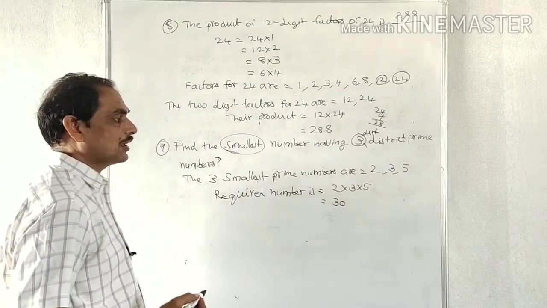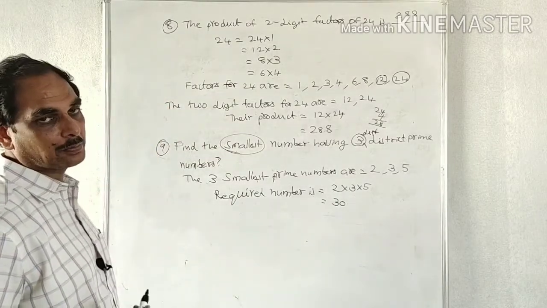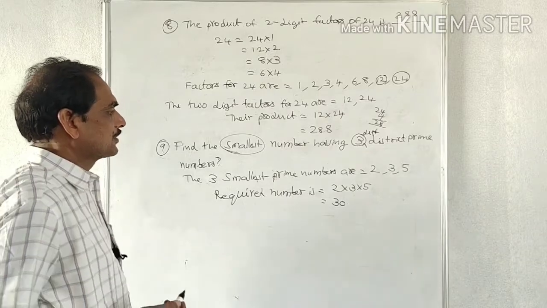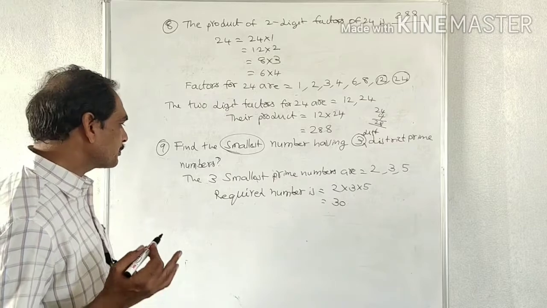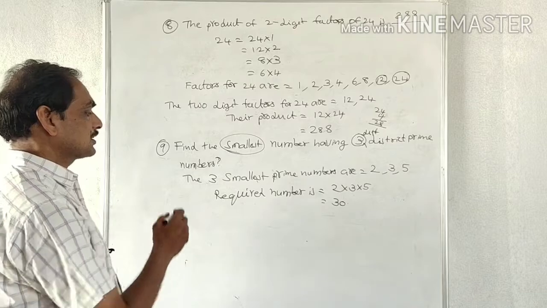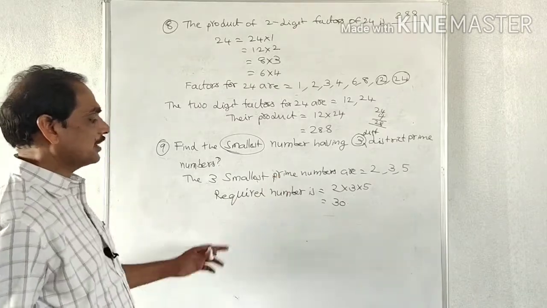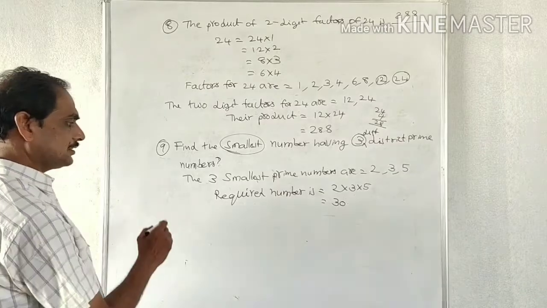So 30 is the smallest number having three distinct prime numbers. Distinct means different also. So the smallest prime numbers are 2, 3, 5, and the required number is the product of the numbers. We get 30.